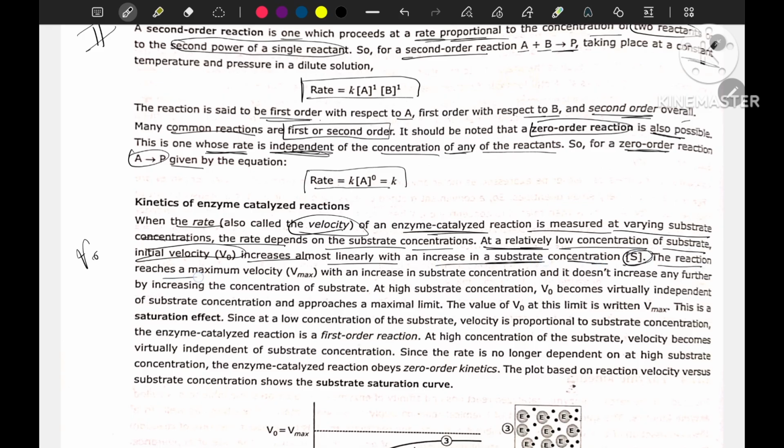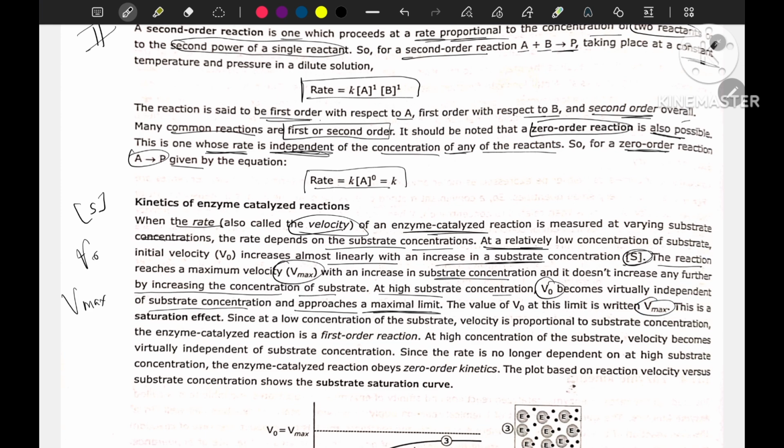The reaction reaches the maximum velocity Vmax with an increase of the substrate concentration, and it doesn't increase any further. At high substrate concentration, V0 becomes virtually independent of the substrate concentration and approaches a maximum limit. The value of V0 at this limit is written as Vmax.